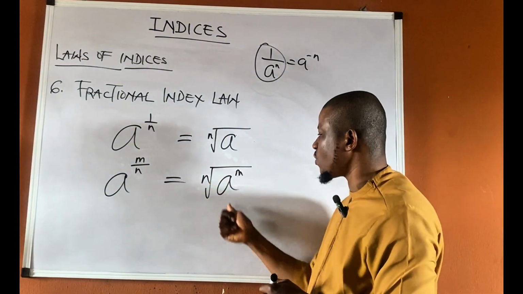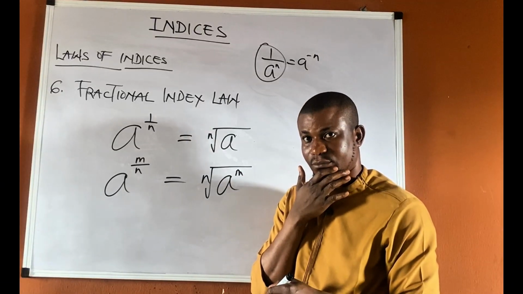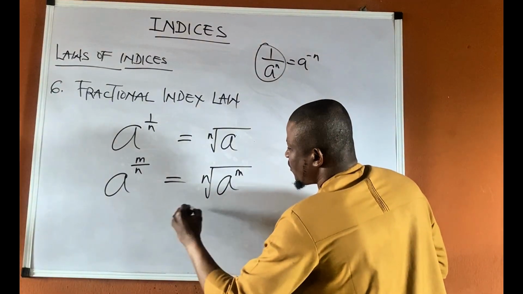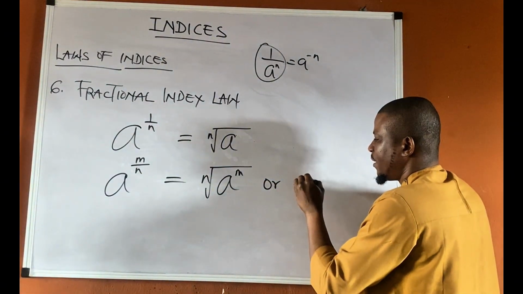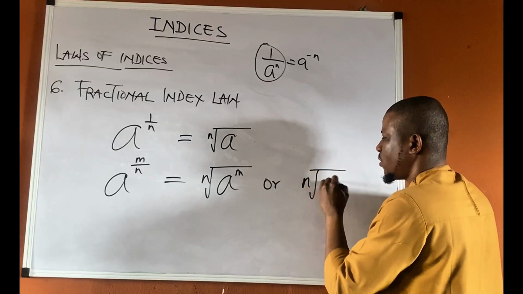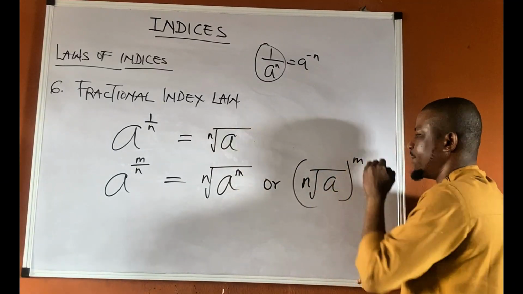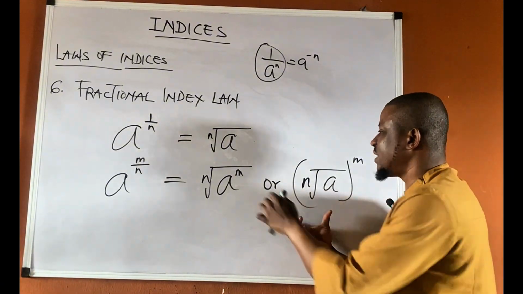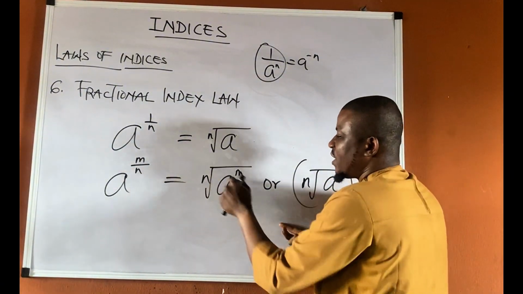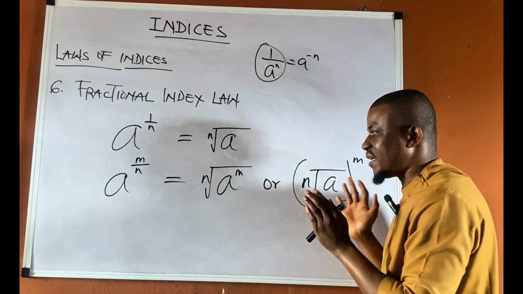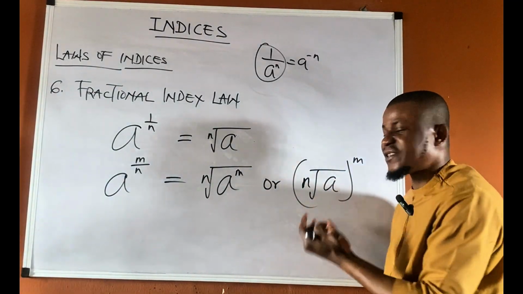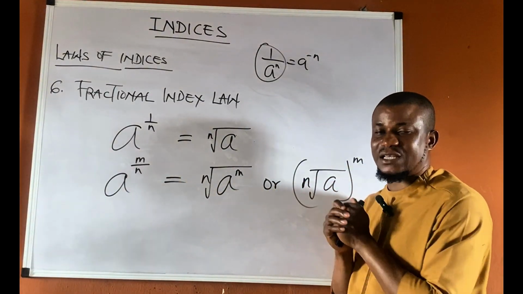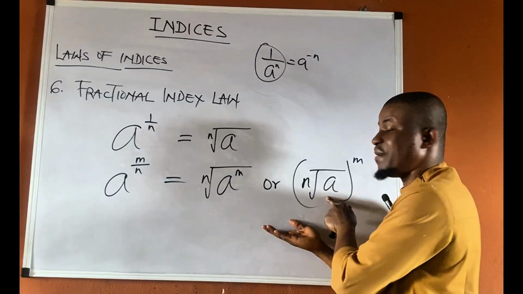So this is the nth root of a to the power m. Now we can also write this as the nth root of a, all to the power of m. This and this are the same. If I want to put the numerator as the whole power, it is fine. If I want to put it just on the a, it is fine. But know that the denominator is the root number, the nth root of this base.